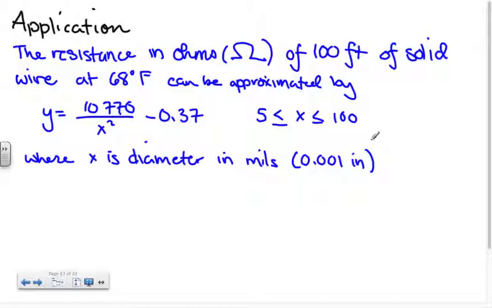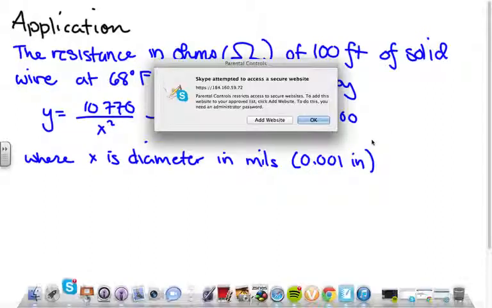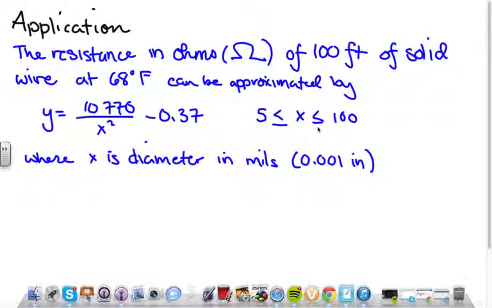And then we want to graph this equation. It says use a graphing utility to graph it and find the resistance when x equals 50.